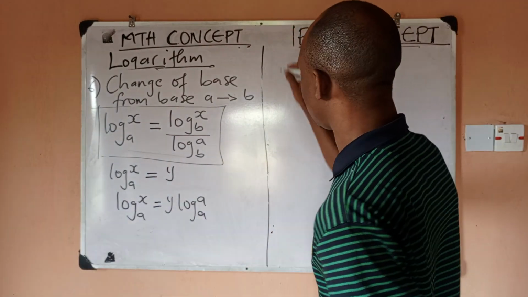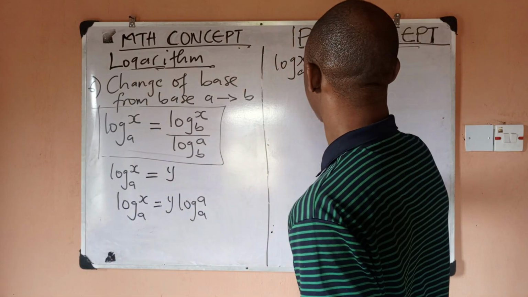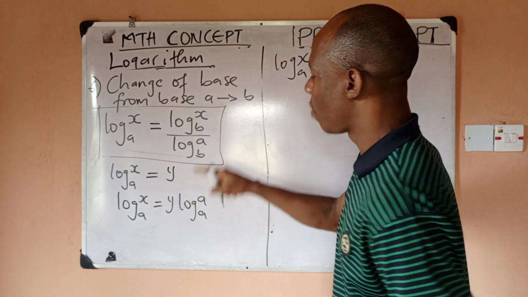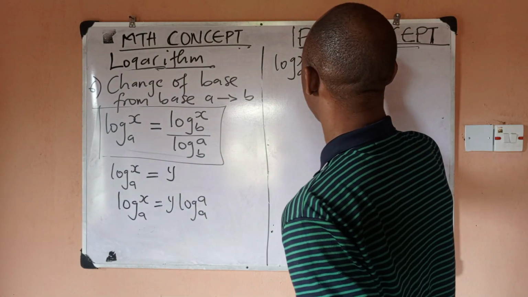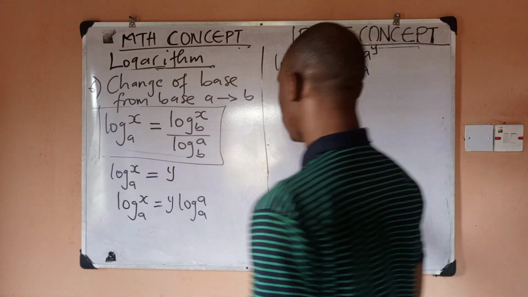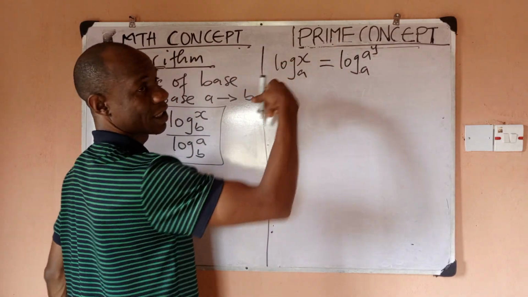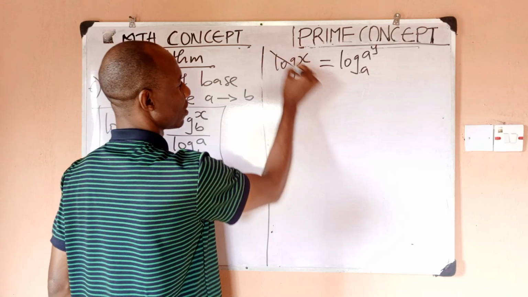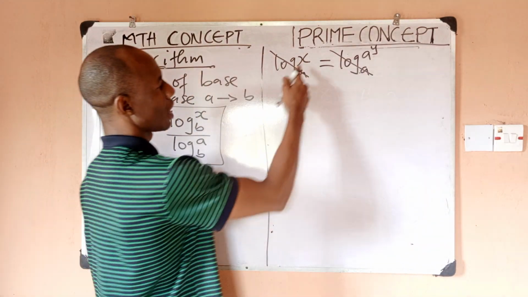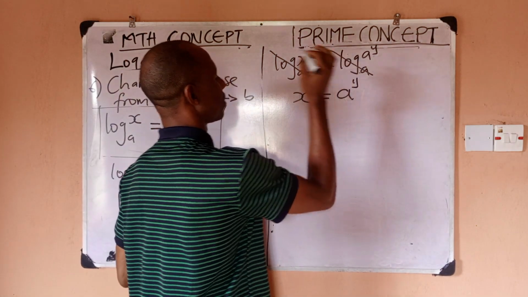So I can write this as log x base A, which is this, equal to, if I come to this side, I'll quickly apply the power law. So this y would come above. So I'll have log A to base A, then this to power y. So that since these bases are common, of course, if I move to this side, I can use the subtraction, but let me just see that this can go, right? Yeah, so if this should go, I'll be left with x, which is equal to A to power what?